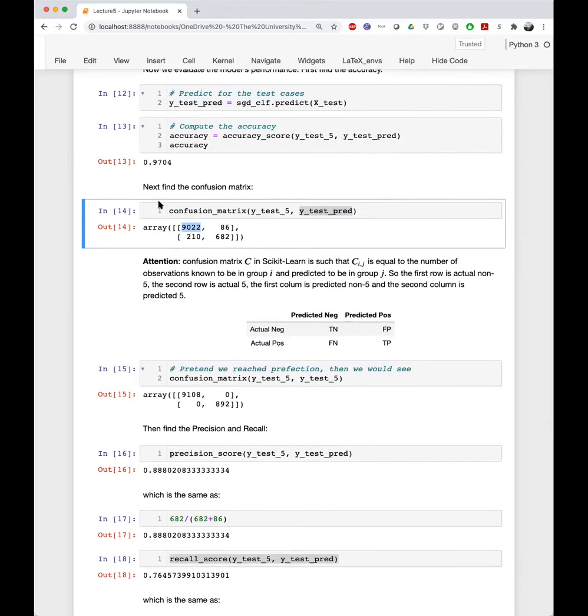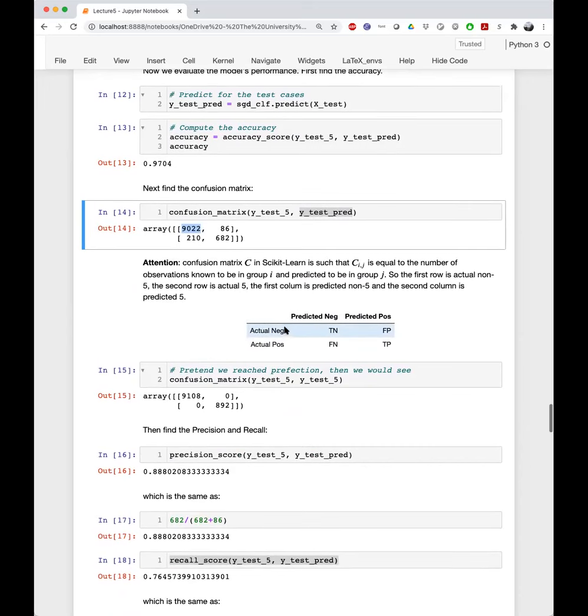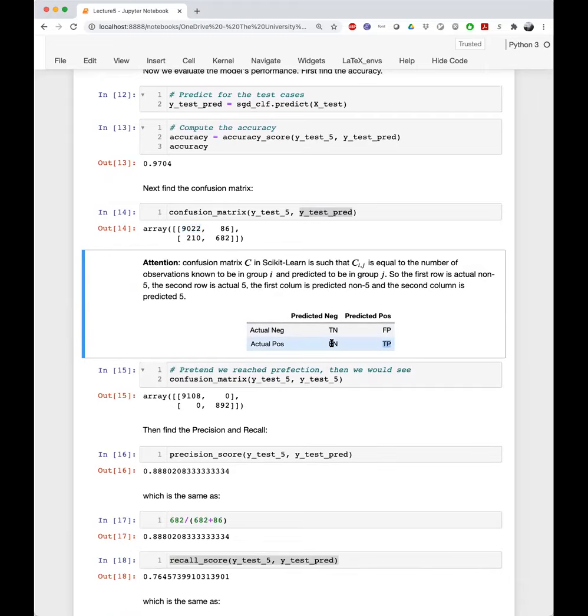Actually, based on the confusion matrix, we can compute precision and recall. For example, what is precision? The precision is simply TP divided by TP plus FP. So it's 682 divided by 682 plus 86.